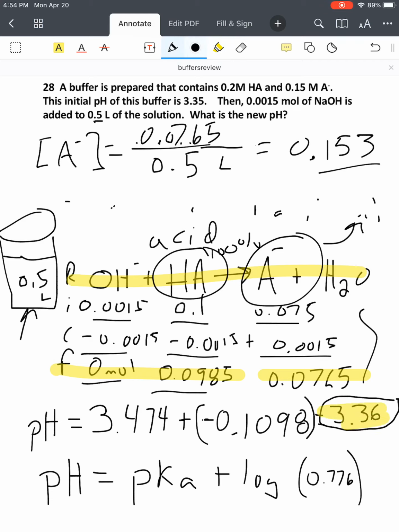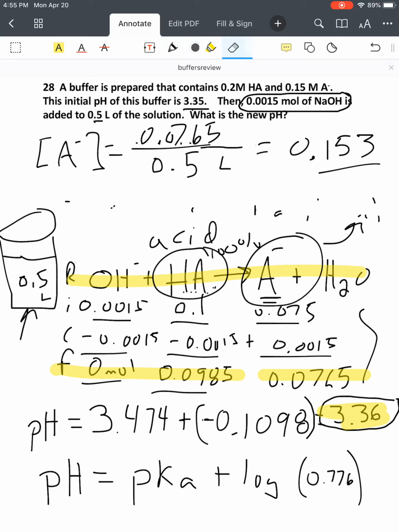Okay, so let's just rehash. This buffer started at 3.35 pH. We used that to find the pKa. We then added a very small amount of a strong base, sodium hydroxide. The composition of the solution changed, because I converted some of my acid to my conjugate base.